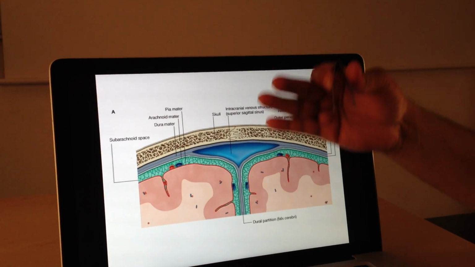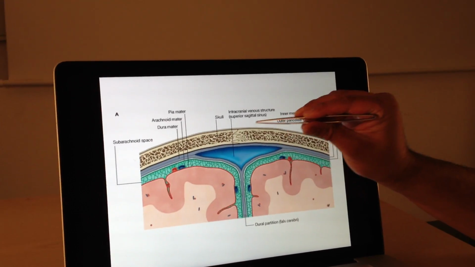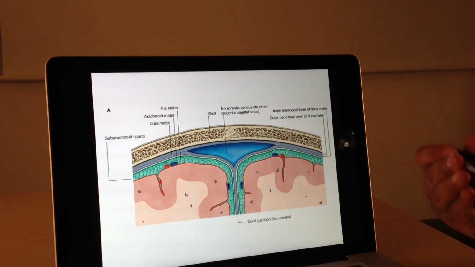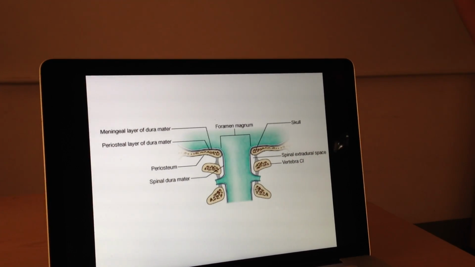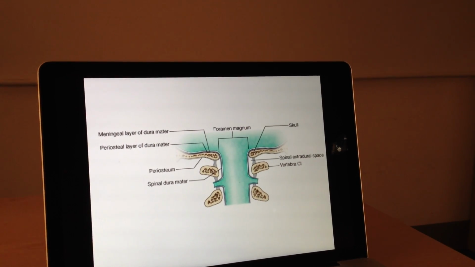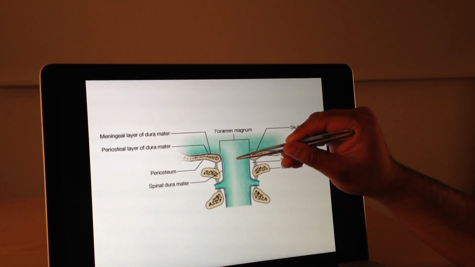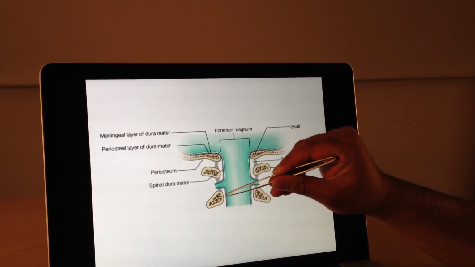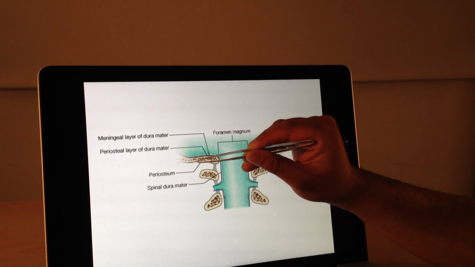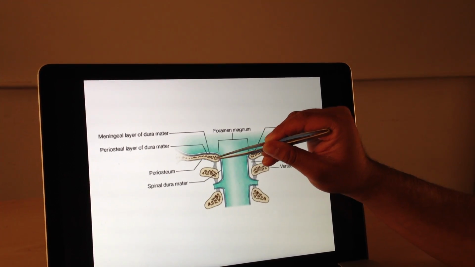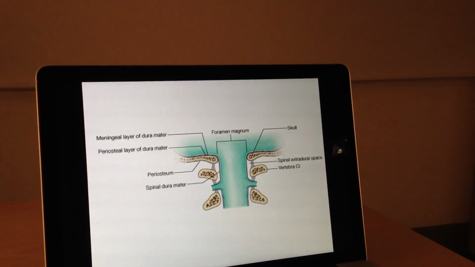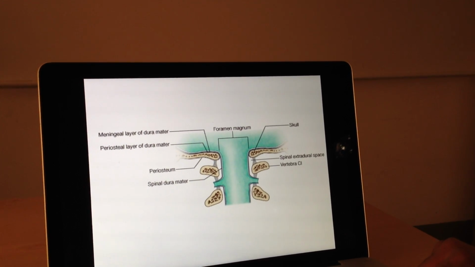What we're looking at the minute is a coronal section through the superior sagittal sinus, with our two cerebral hemispheres here. And if we look at the bottom of the head, we've got the foramen magnum here, again a coronal section. You'll see that as we get to the spine, because there's only one layer of dura across the spinal cord, the periosteal layer reflects back across the other side of the skull to form just straight periosteum, and the meningeal layer continues down onto the spinal cord to form the dura of the spinal cord.